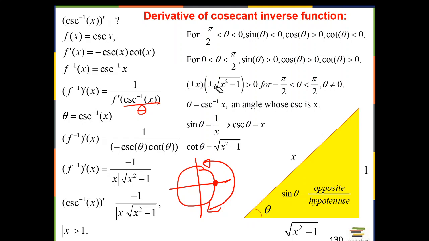Since we put square root, and a square root is always positive, if I just put x here, then when x is negative, this would be negative, and that's not correct. The numerator is negative, that's part of this formula. We put that negative in the numerator. Okay? So that's the formula, and the domain, we talked about the domain.